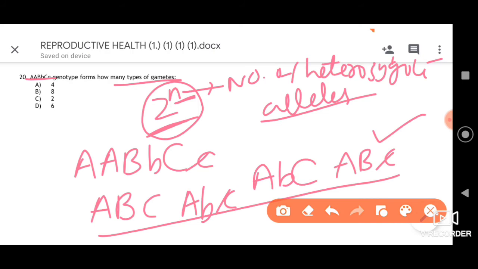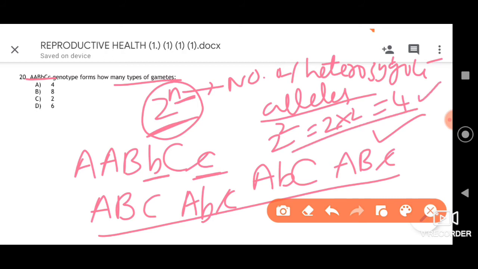Remember that. How many heterozygote alleles are present here? B, small b and C, small c. So 2 to the power of 2, that is 2 into 2, which is 4. Directly you can arrive at a conclusion here. So dear friends, the right answer is 4. You have to go for option A.